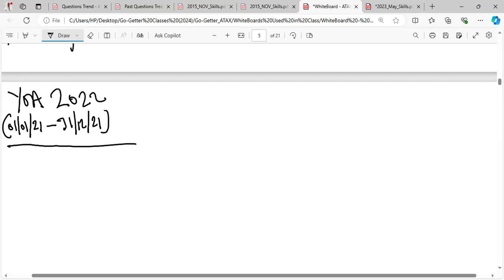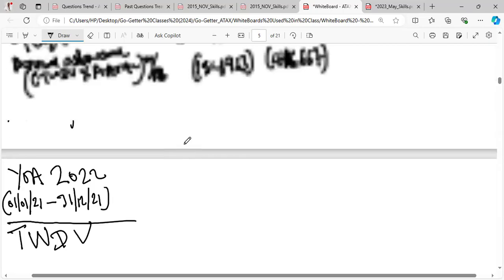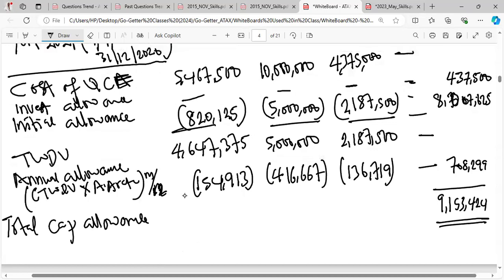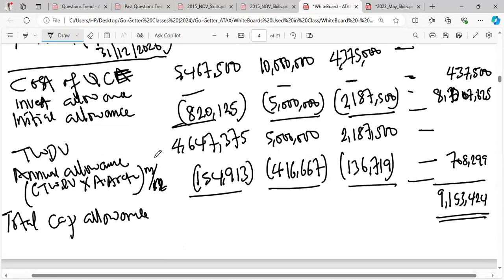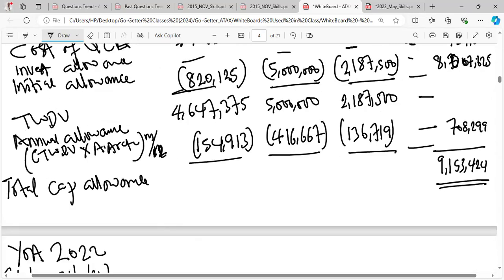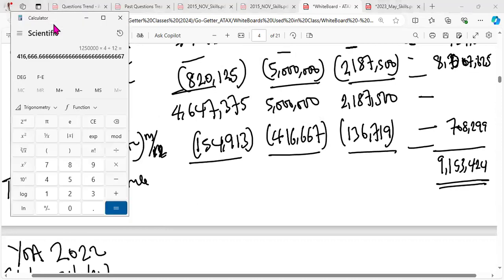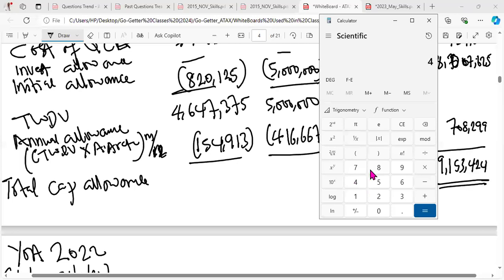All right, so the next thing here is to have your tax written down value. So your tax written down value will be, take this here, 4,647,375 minus 154,913.